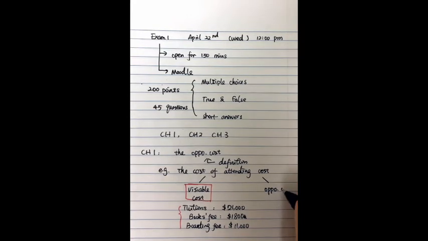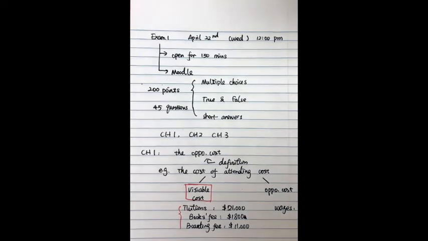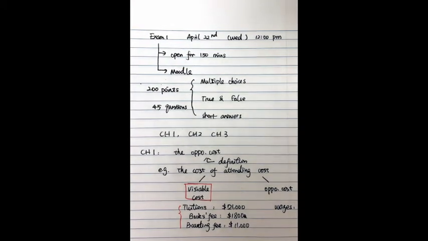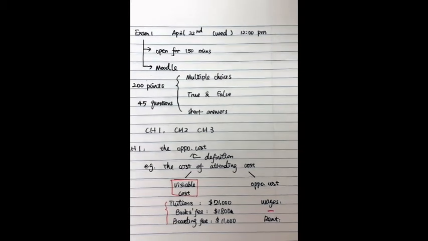The opportunity cost could be the total wages you might earn during the 4-year or 2-year studies. During the studies, you also need to pay rent, right? So we use the wages, subtract rent, and that would be the net earnings.